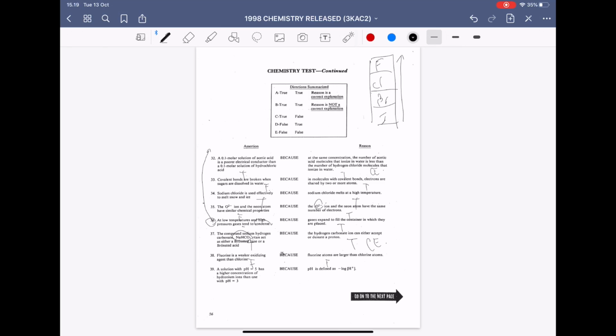That's because for halogens, a halogen that wants an electron more tends to be more reactive, and that is because a fluorine atom's atomic radius is much smaller than chlorine, bromine, or iodine.